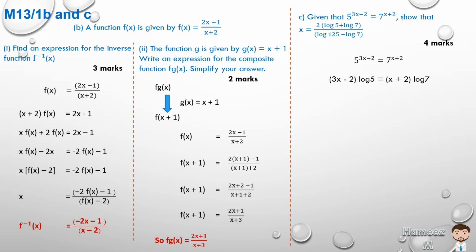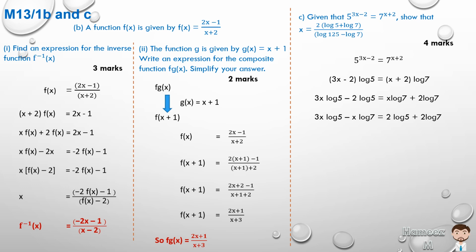So now what we want to do is expand the brackets and transpose, so we could get x as the subject of the formula. So 3x log 5 minus 2 log 5 is equal to x log 7 plus 2 log 7. And we could bring all the x's on one side as we proceed to transpose. So 3x log 5 minus x log 7 is equal to, when we carry the minus 2 log 5 across, 2 log 5 plus 2 log 7.